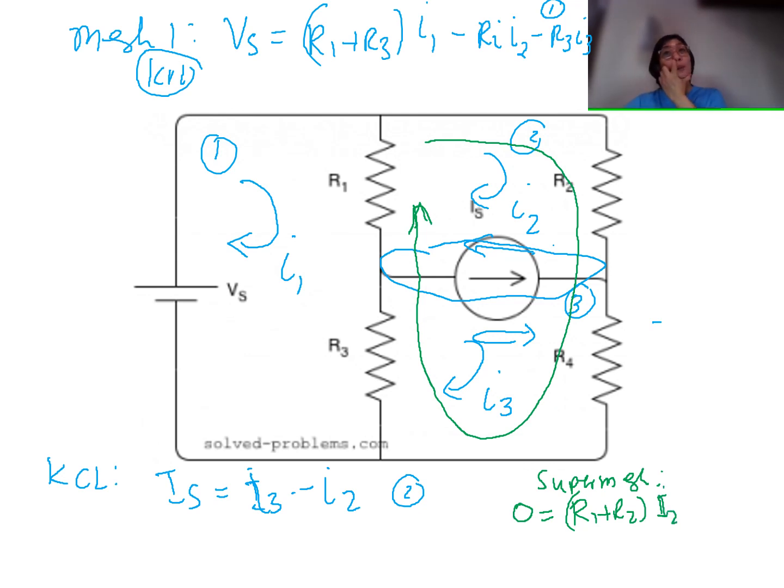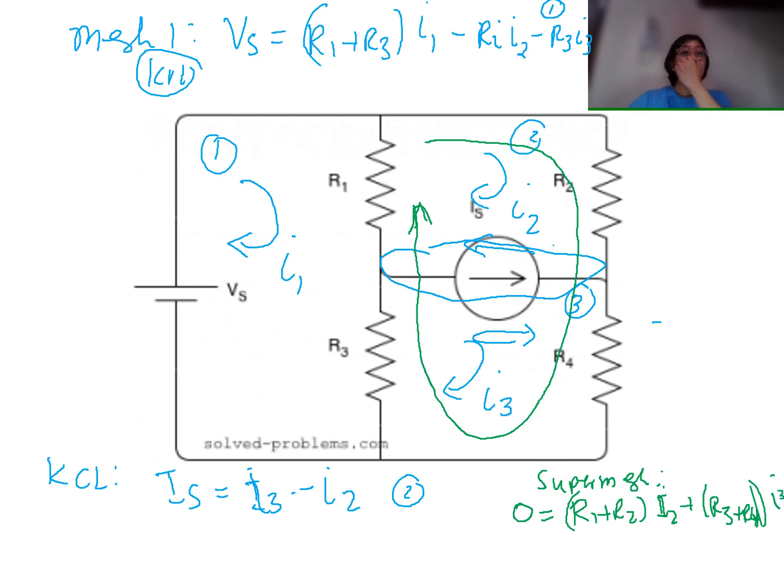We treat both I2 and I3 as positive because they are inside the super mesh. Both R3 and R4 are included in mesh number 3, across I3, so we have R3 plus R4 times I3.